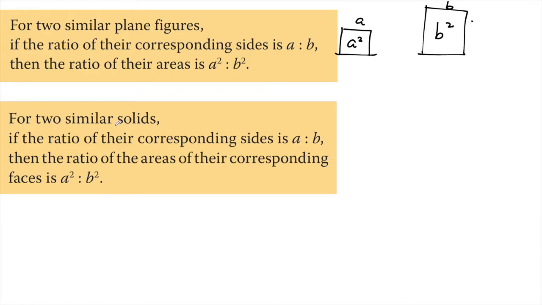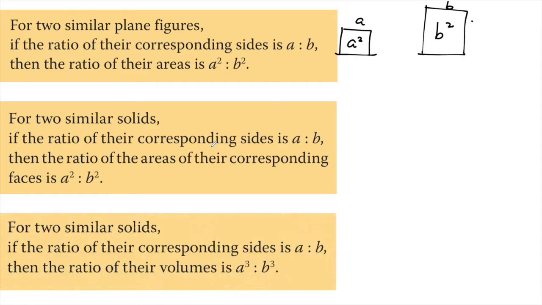This is a plane figure, and for solids, it's the same thing. When we talk about the ratio of the area of their corresponding faces, because this again is two-dimensional, don't forget this square. For this chapter, we're going to talk about the ratio of their volumes.